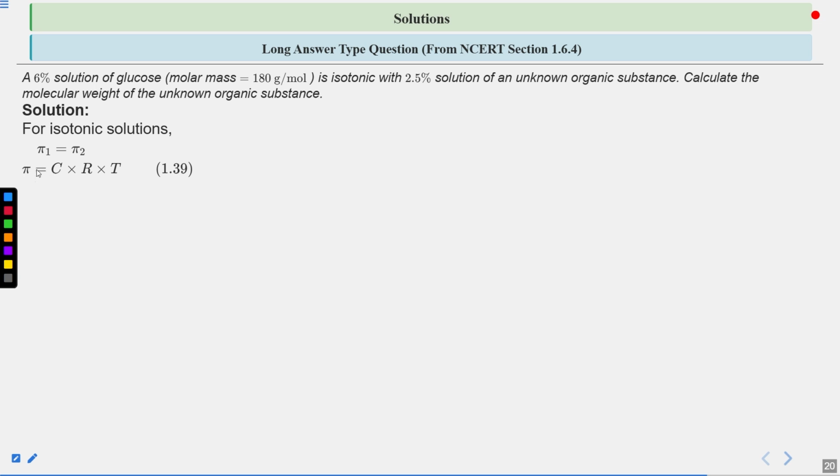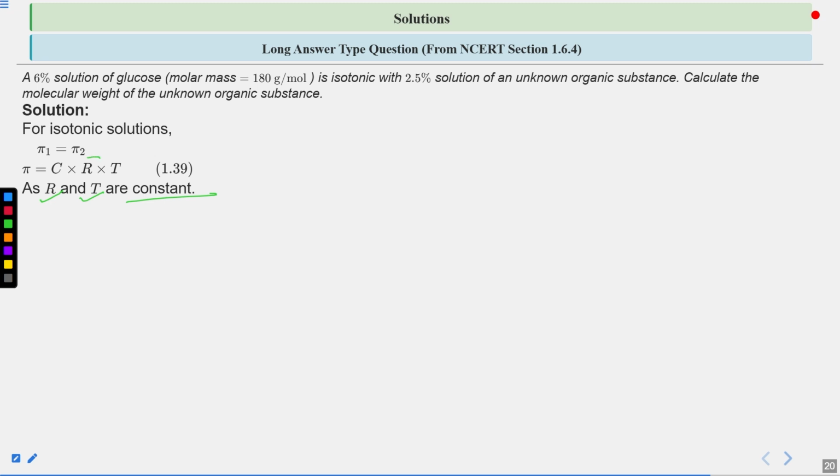So we know that Pi equals CRT, where C is concentration, R the gas constant, T the temperature, and this equation is given as 1.39 in our NCERT textbook in the solution chapter. R and T are constant terms.